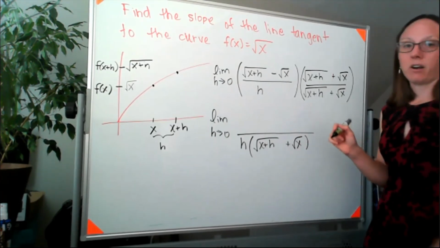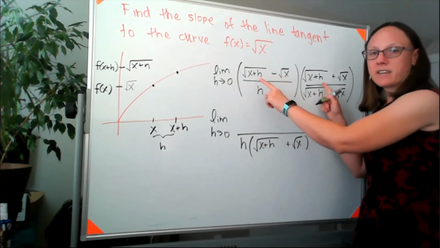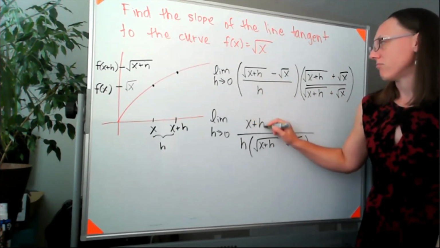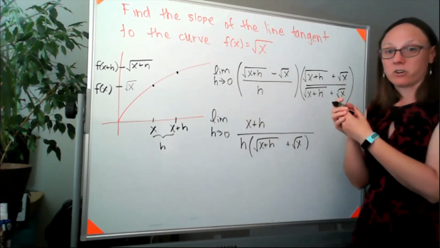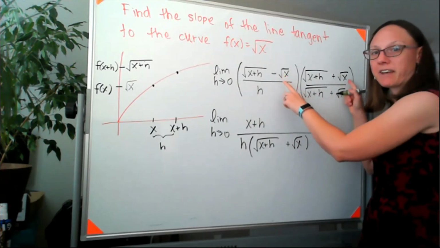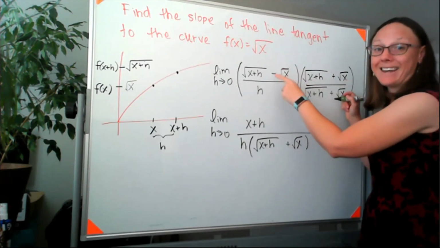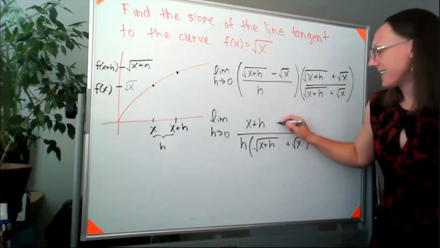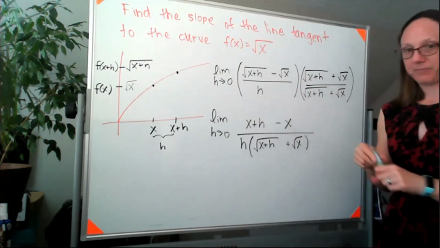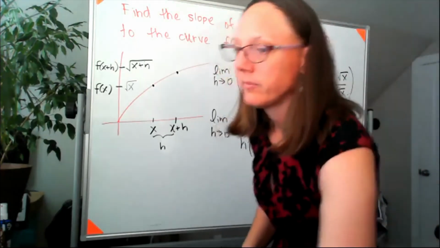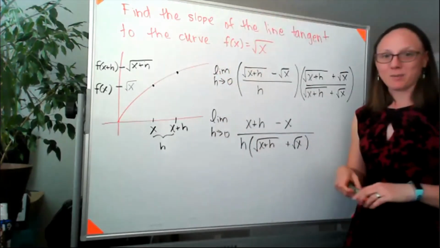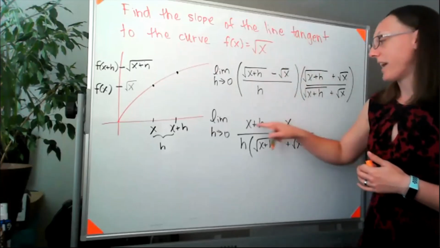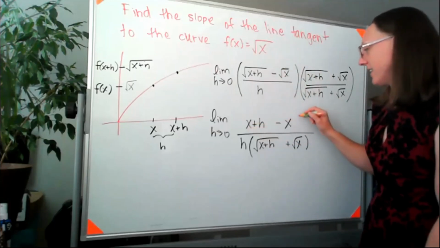And in the numerator, the square root of x plus h times the square root of x plus h is x plus h. Middle terms cancel. The square root of x times the square root of x, negative square root of x times positive square root of x is negative x. Same trend as what's been happening in the other times we've done this where we had numbers in there for x.